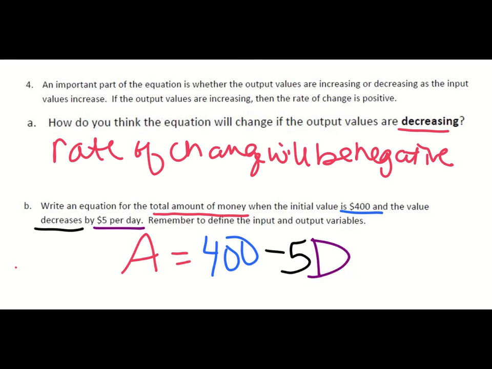And so A is your total amount of money, and D is your number of days.